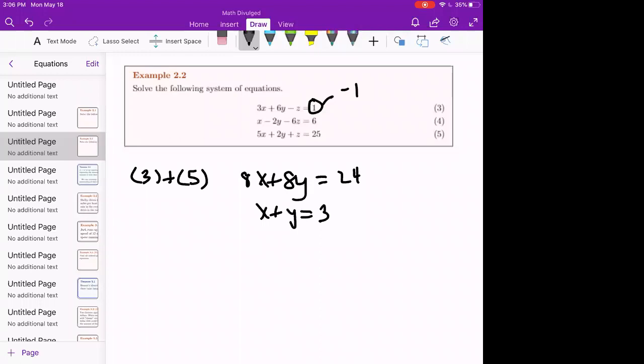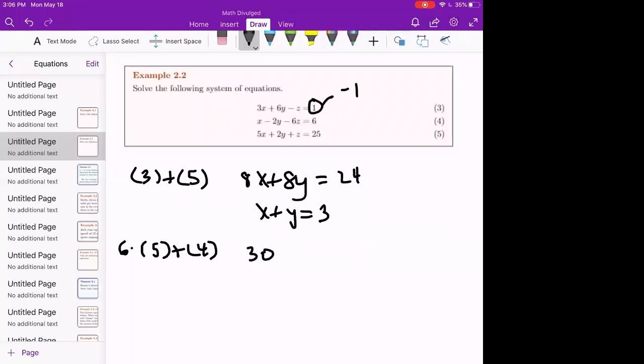And then we can also eliminate the z variable by adding 6 times equation 5 to equation 4. That gives us a 6z term, which will cancel out with the -6z in equation 4. When we add these two, I'll go ahead and write it out so as not to skip any steps.